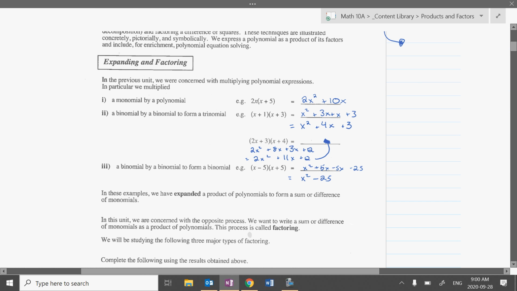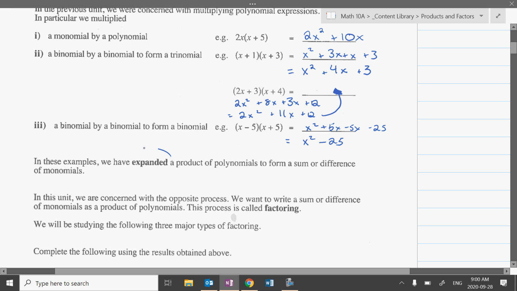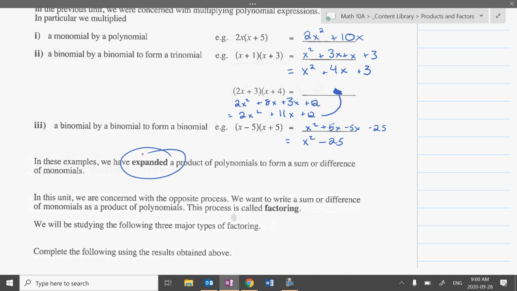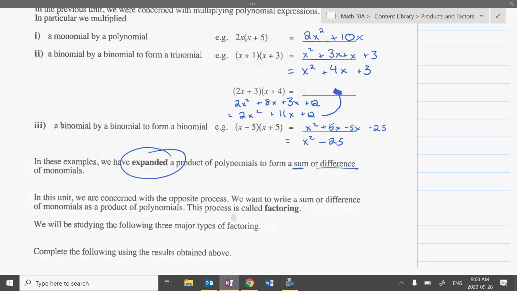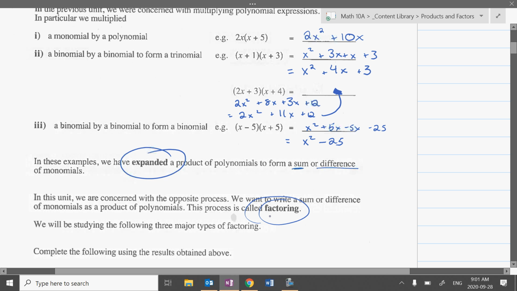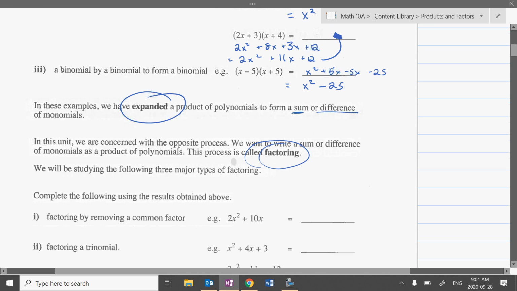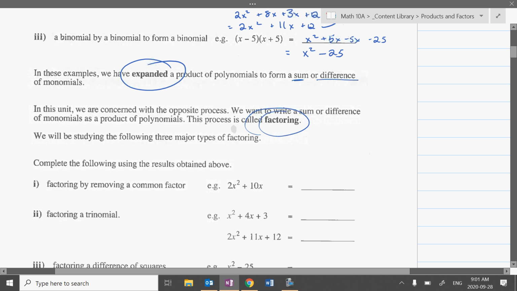So in our math language, in these ones we've expanded a product of polynomials to form a sum or difference of monomials. So that's fancy math language. Sum or difference is addition and subtraction, right? So we're adding different single terms together. In this unit, we're doing factoring, which is what I was talking about earlier. So we're going backwards in this. There's 3 different major types of factoring, and we will be learning all 3 of them.